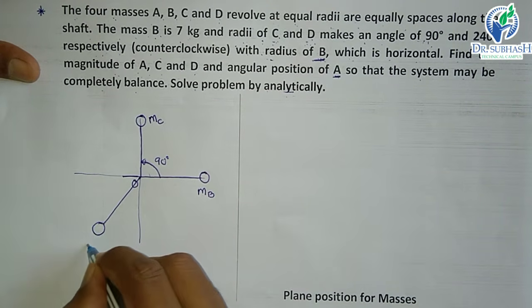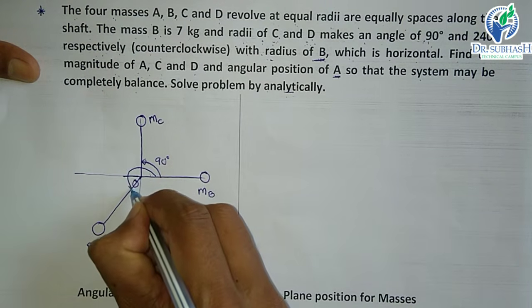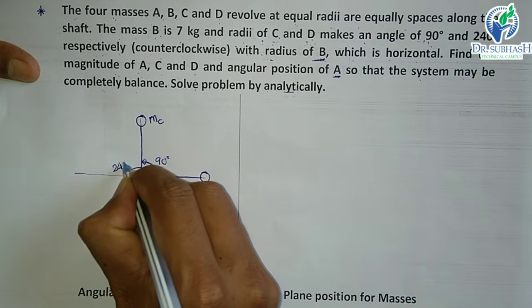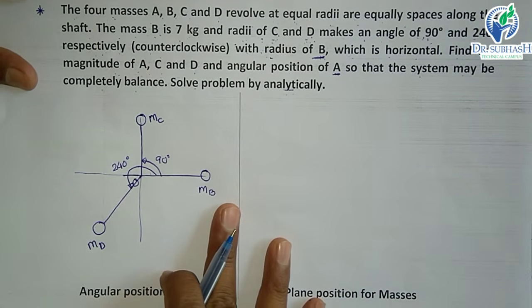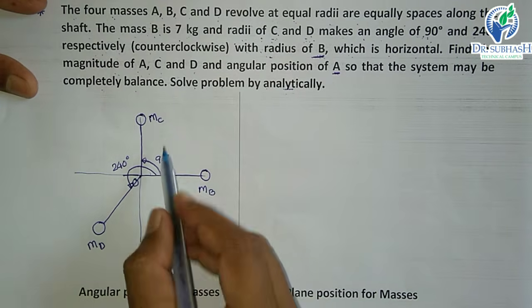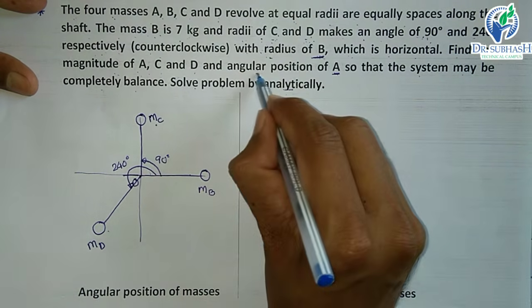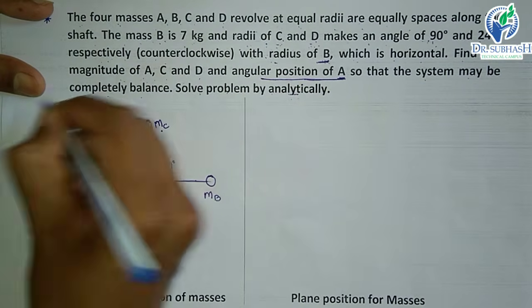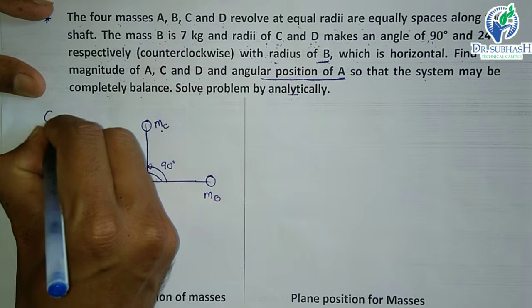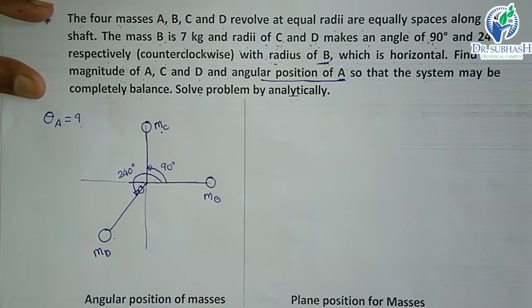So this is our mass D, and this angle is 240 degrees. So here we have drawn the angular positions for three masses, B, C and D, and we want to determine the angular position of mass A. That means we are interested in determining theta A, which we want to calculate.